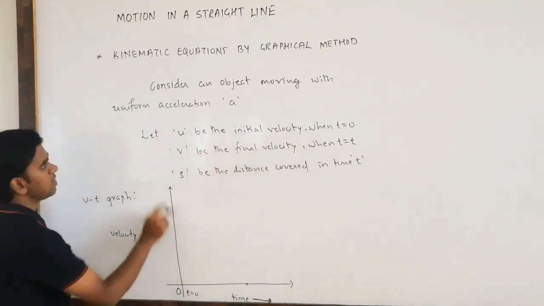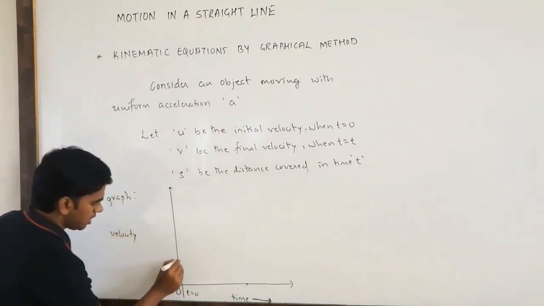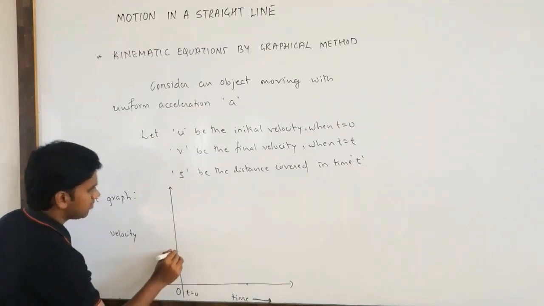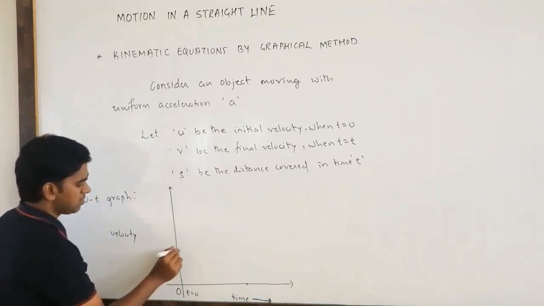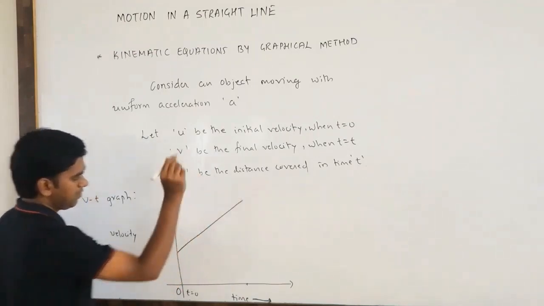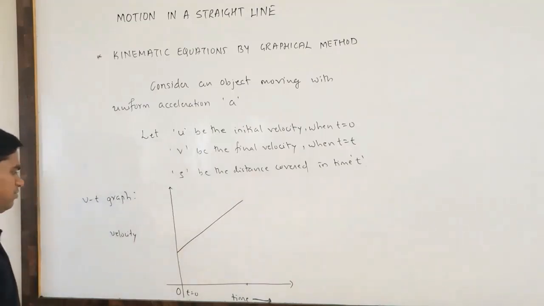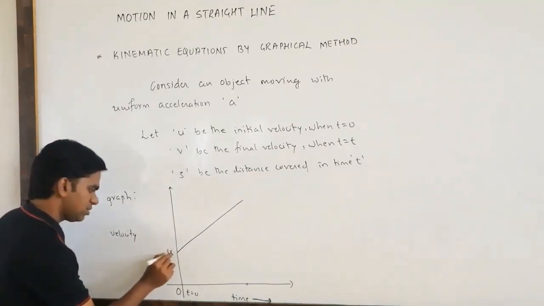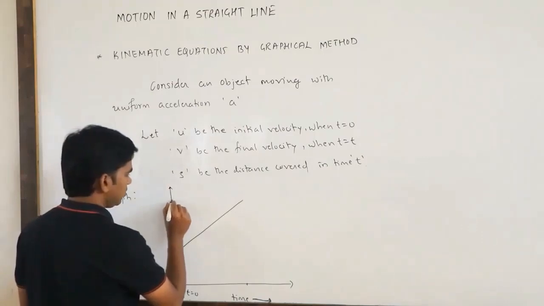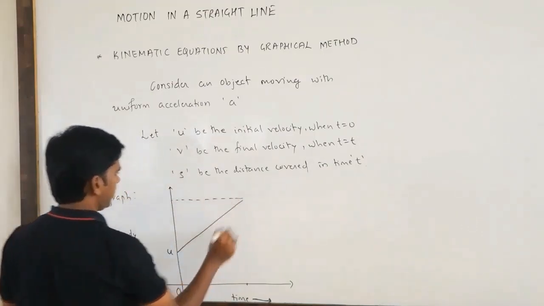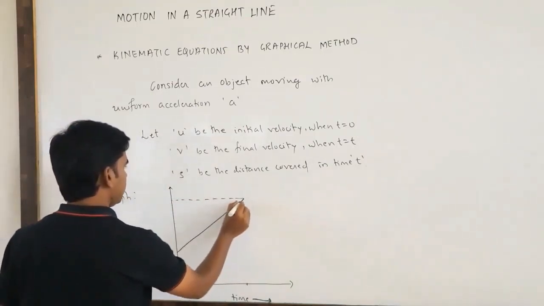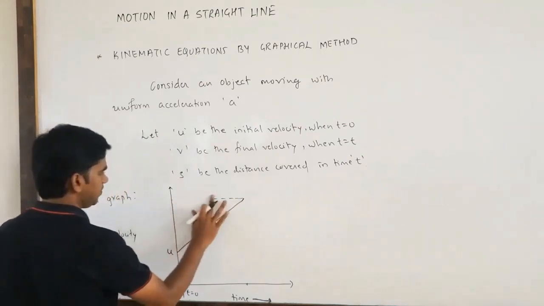You can start from somewhere at u. If it is uniform acceleration, you will get a straight line. So this is the graph. This is the initial velocity u, and this is the final velocity.